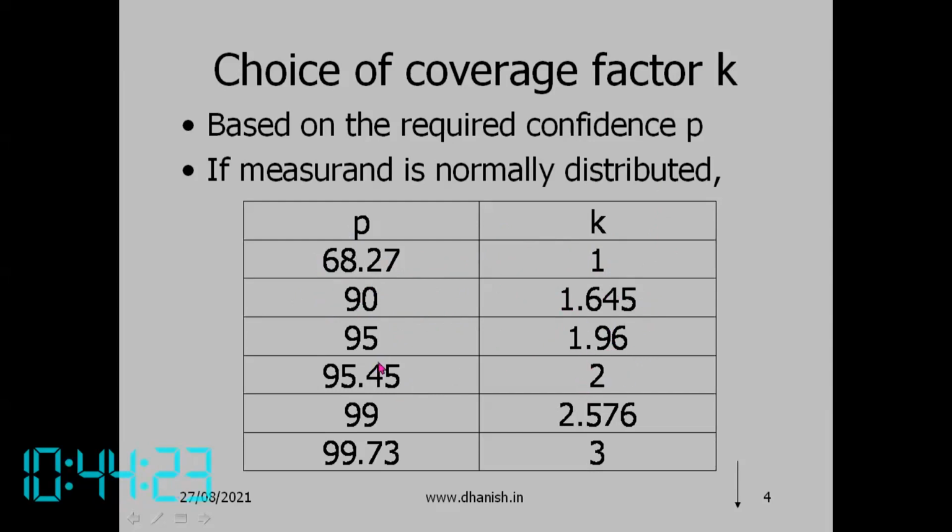For 95.45%, 2. So these two are practically the same, as the previous sentence said. For 99%, 2.576 or 2.58. For 99.73% confidence, 3, plus or minus 3 u_c, the combined standard uncertainty. So we have to choose one. That's why nowadays commonly we choose 95%. And instead of multiplying by 1.96 many times, we simply take plus or minus 2 times sigma of x bar.